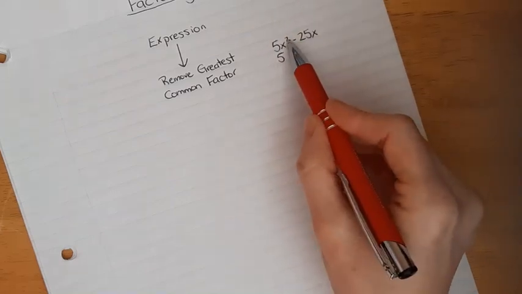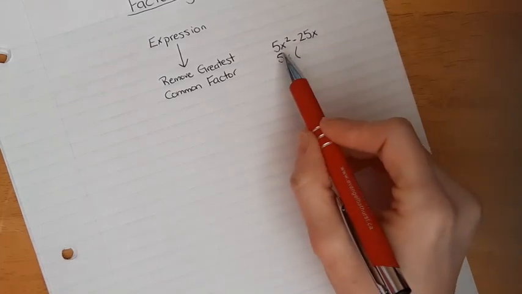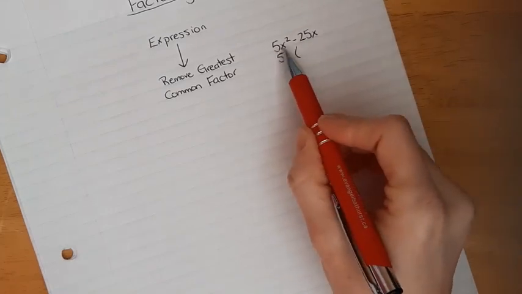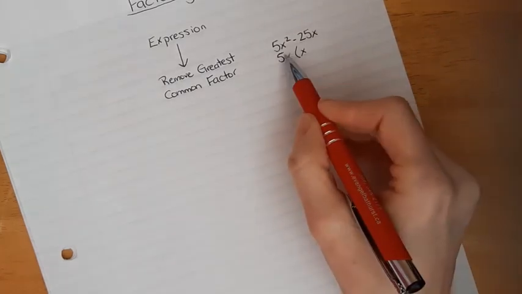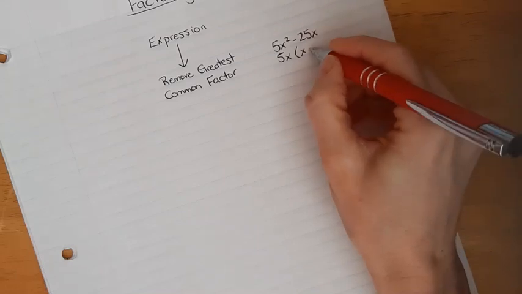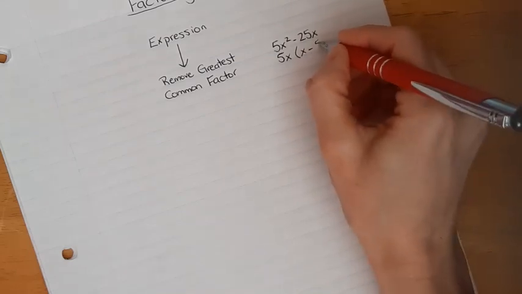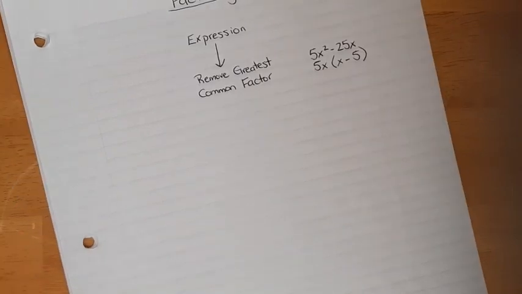Look alphabetically, x squared and an x, that's going to be an x. Open a set of brackets, x squared times what gives me 5x squared? 5x times x. 5x times what gives me negative 25x? So negative 5. Okay, and that about does it for objective 2.